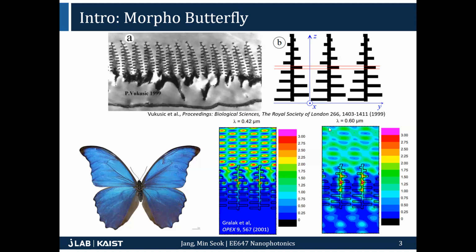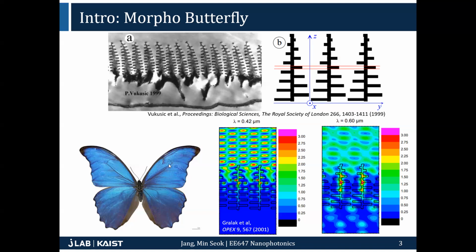Whereas if the incident lambda is 0.6, which is green or yellow, you can see most of the light is either transmitted or absorbed. So the wing of the butterfly looks blue.